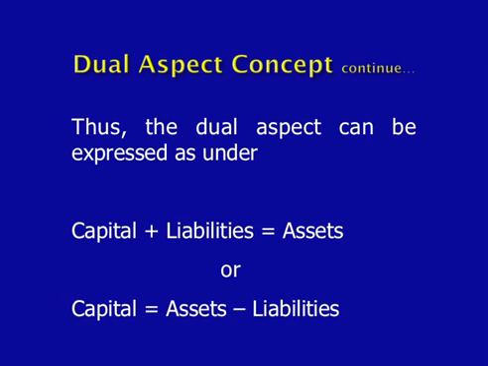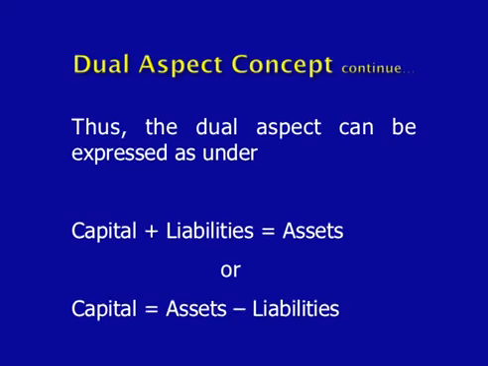We procure the assets with the finances raised through capital and through liability. The capital is the amount contributed by the owner or the promoter or the investor. The liability is the external borrowing from the financial institutions or the banks or an individual.